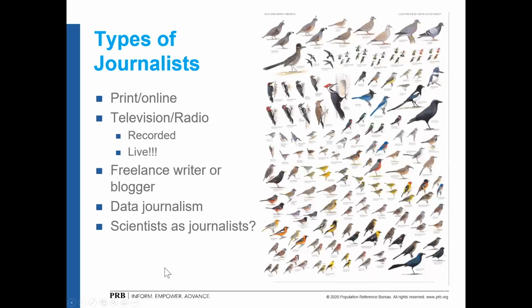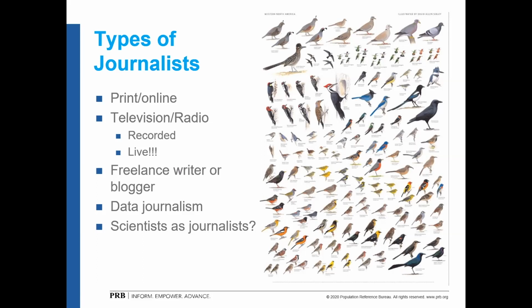So what kinds of journalists are out there? There are lots of different varieties. I think print and online journalism are maybe those that we're most familiar with, and maybe the most straightforward in terms of giving interviews. But the challenge, I think, with online outlets is partly that they're just proliferating so rapidly.